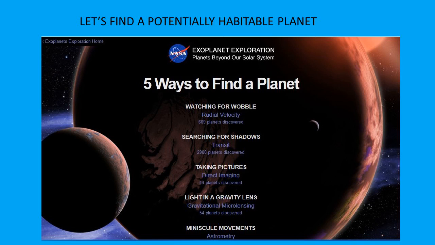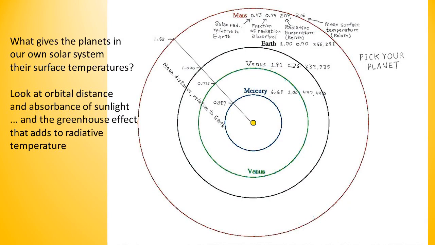Stars come in all different sizes and lifetimes and temperatures, and planets likewise come in all kinds of sizes and distances from their stars, and also the regularity of their orbits and the way that they spin or don't spin. Maybe they're tidally locked.